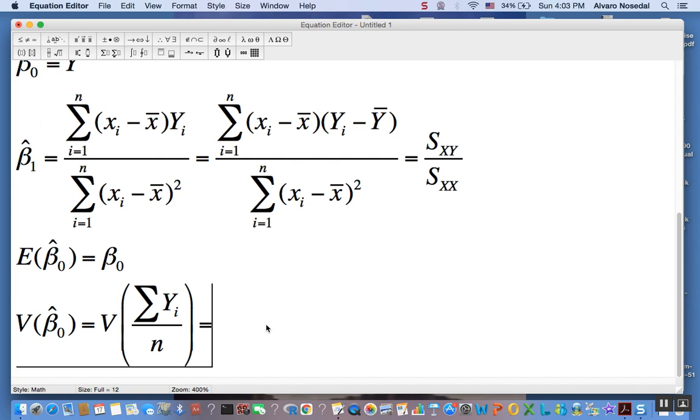Something we could also do before we use that property of the variance is factor out that 1 over n. When we do that, we have to square that constant, and then we have the variance of a sum. Since they are independent, it's just the sum of variances.